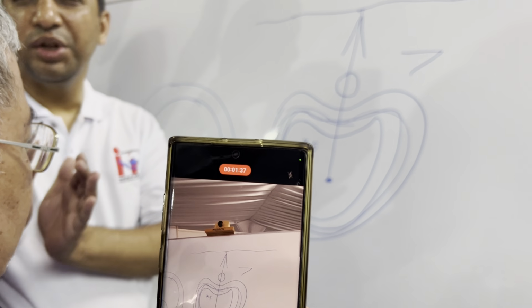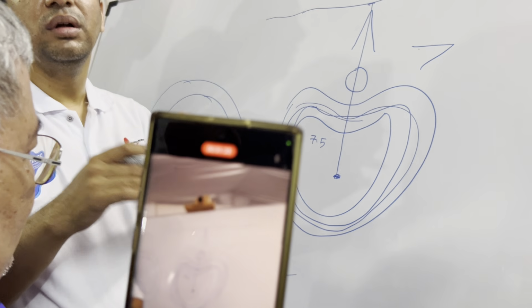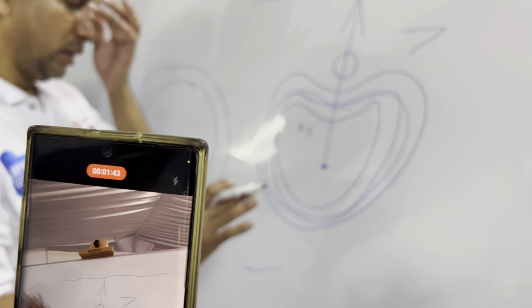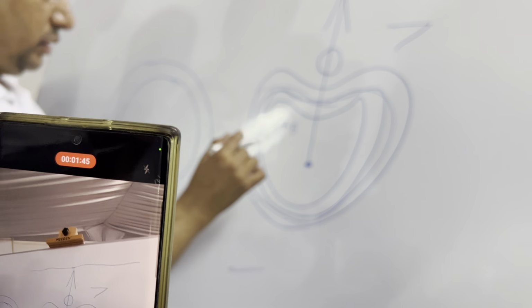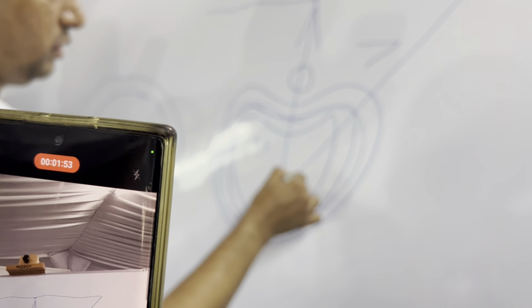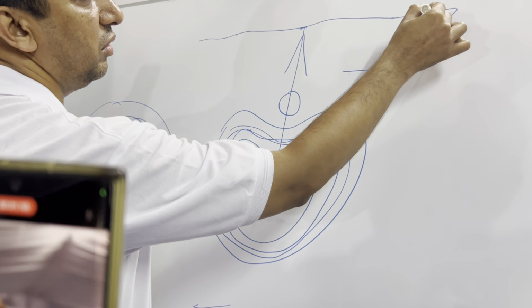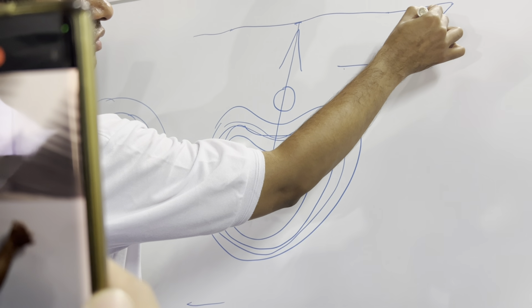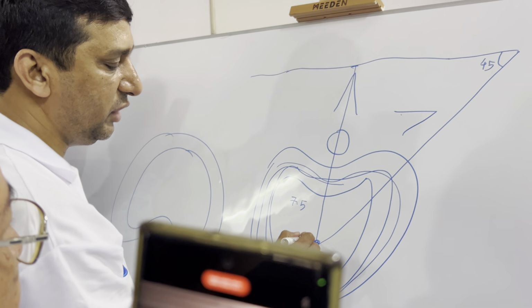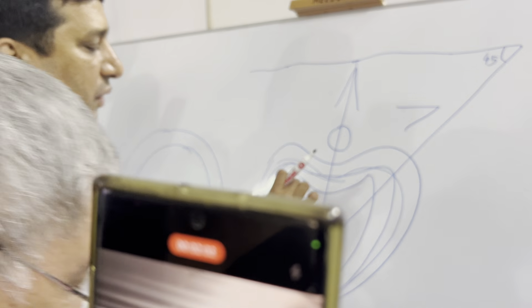Maybe in Indonesia it is a little less, or in Africa a little more, but the average is this. So this distance, I take the same distance here, and if I make this triangle, what will be the angle? 45 degrees.